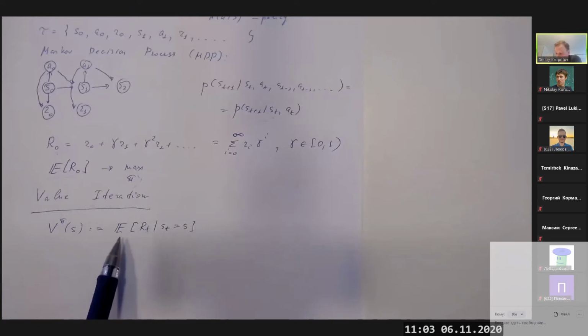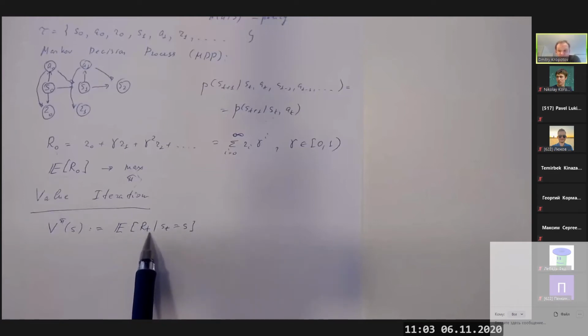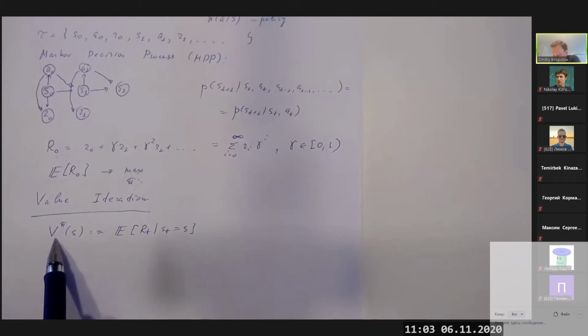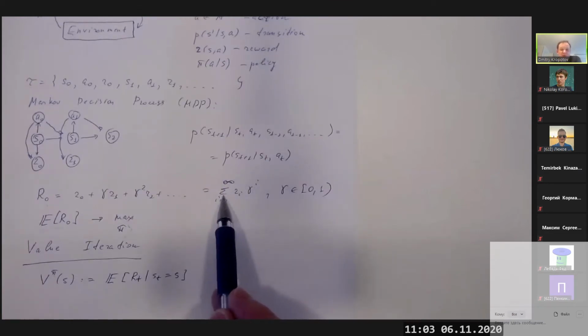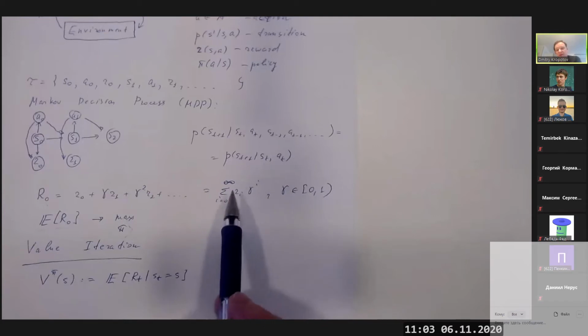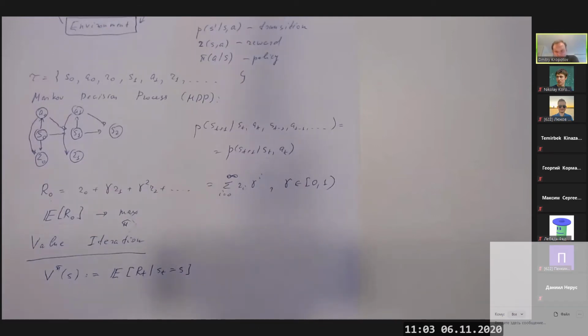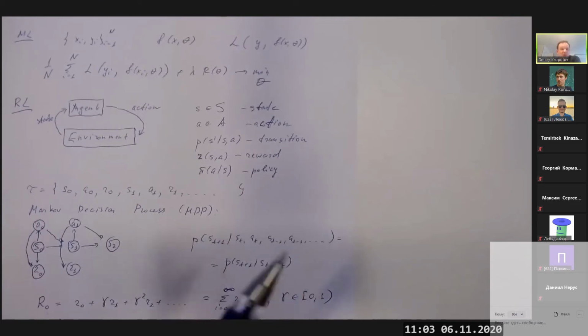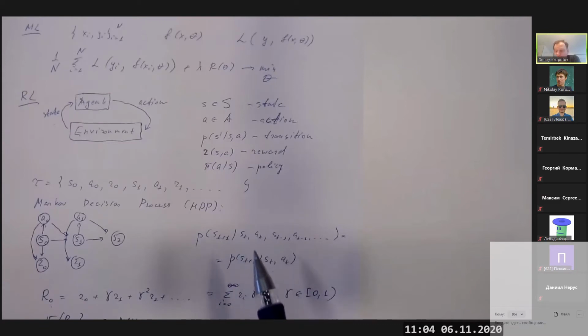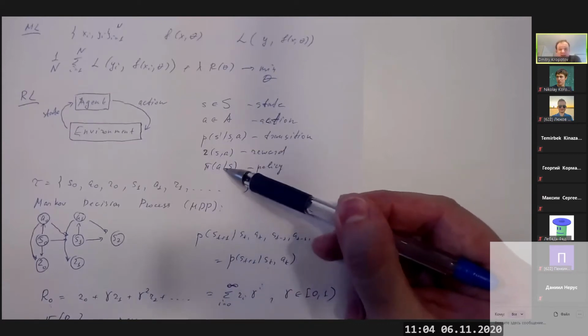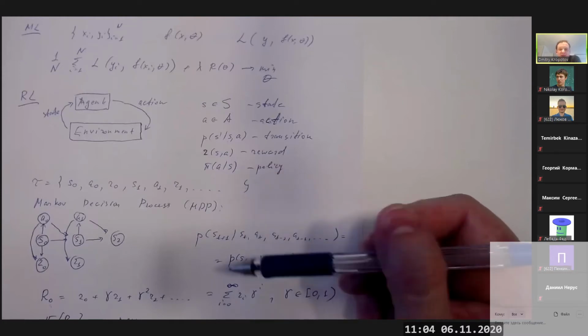Note that on the right here, we have an expression that depends on the time moment t, and on the left, we have an expression that does not depend on t. So we do not put index t here. Why so? This is because of the summation to infinity here. Since we consider an infinite time horizon and our Markov decision process is what is called homogeneous, all these probabilities that are stated here do not depend on the time moment.